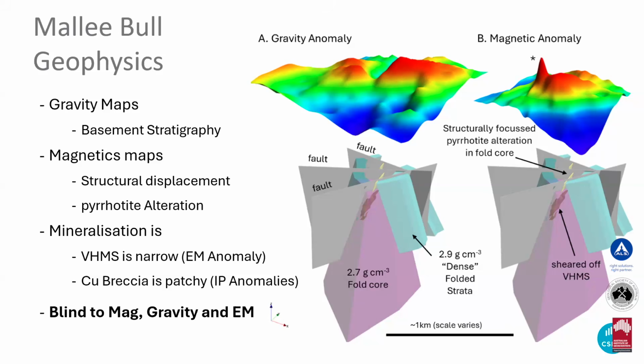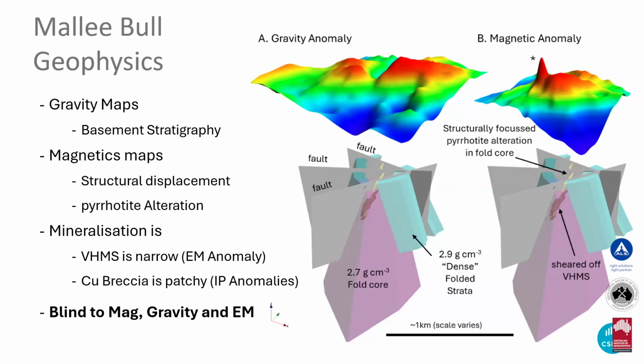If you go to the magnetic data over here, it's almost a little bit of an inverse scenario, but it's not really showing up in this either. I think that little spike there is probably a shed or a grain bin or something like that. What I do want to draw you to is that it lights up like a Christmas tree in EM data, and that's how they found it.